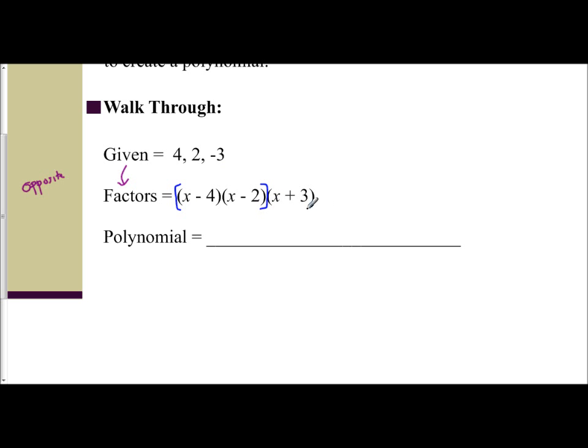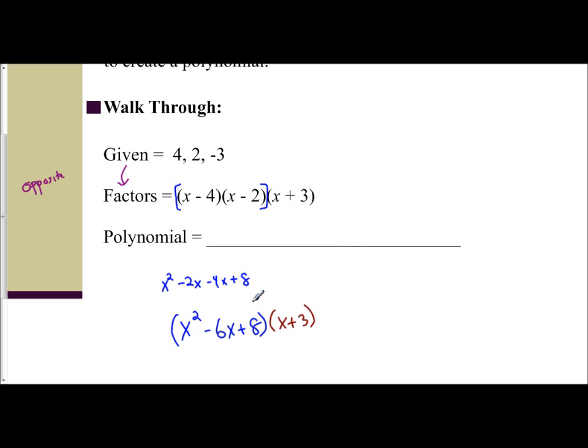If I multiply x minus 4 times x minus 2, I am going to get x squared minus 2x minus 4x plus 8, which gives me x squared minus 6x plus 8 when I combine like terms. That's just by taking care of multiplying by the first two factors. We still need to multiply by this third factor, this x plus 3.